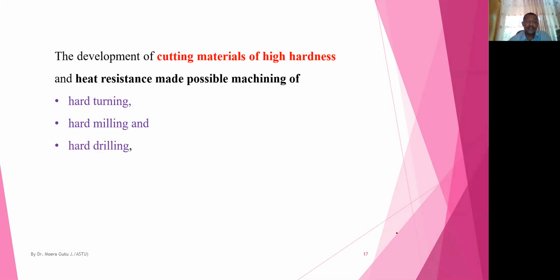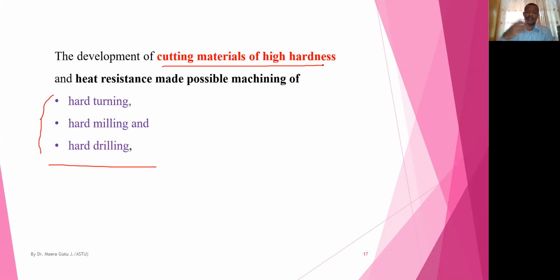So the development of cutting materials of high hardness and heat resistance made machining possible: hard turning is possible, hard milling is possible, okay, hard drilling is possible also, as long as you have high-quality cutting materials like ceramic materials, diamond materials, and boron nitride cutting tools, which have high heat resistance capabilities.